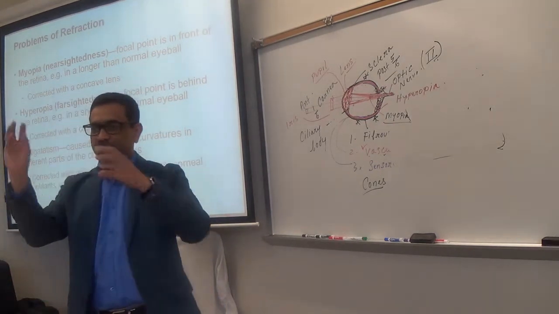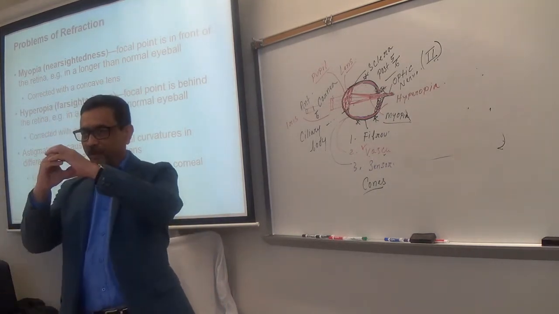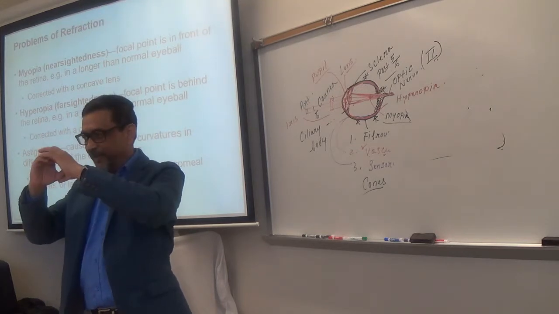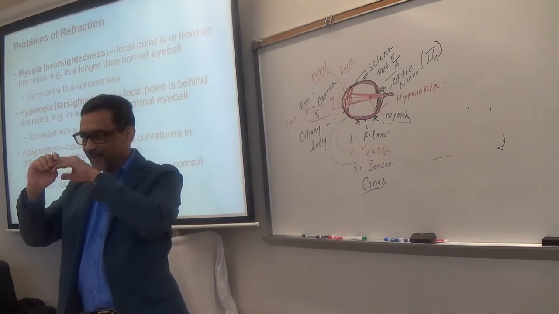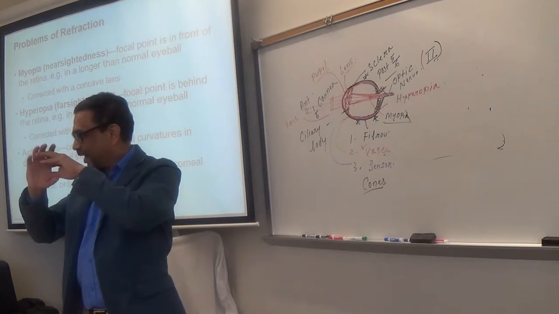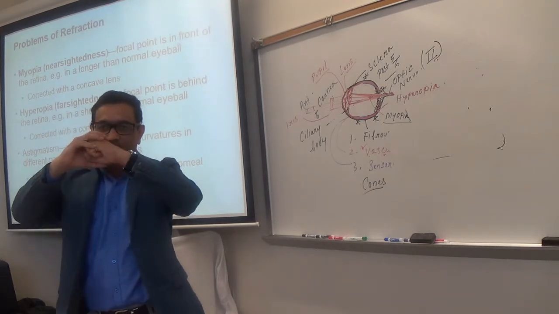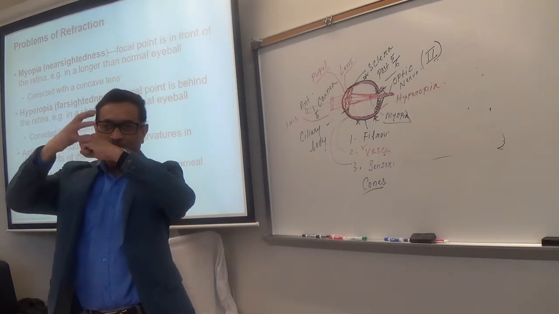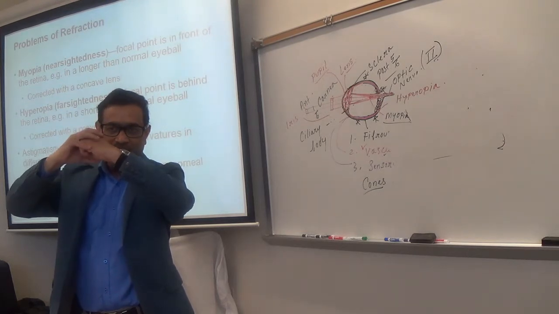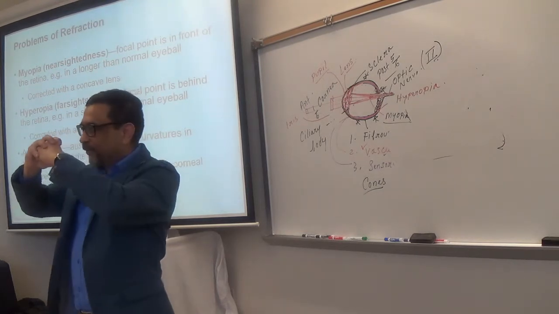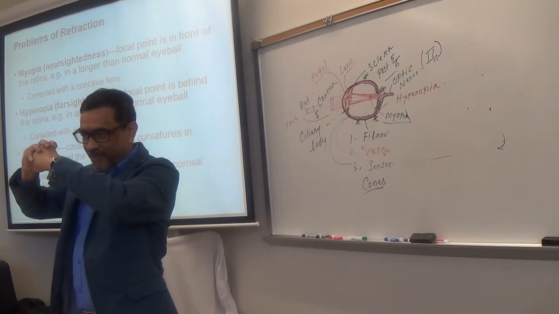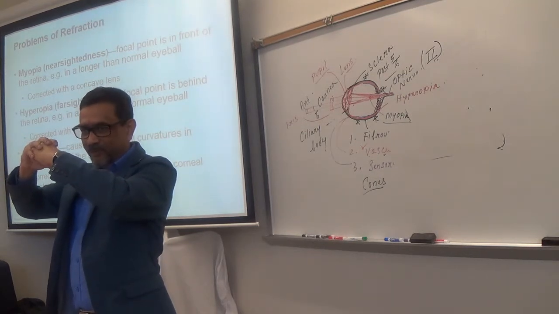The eyeball, soft tissue organ, grows faster, but the bony orbit, the bony socket here, is not growing as fast as the eyeball. So what will happen? Your eyeball is trying to grow, right? But bony socket is not growing. So pressure will be created on the eyeball. Make sense?